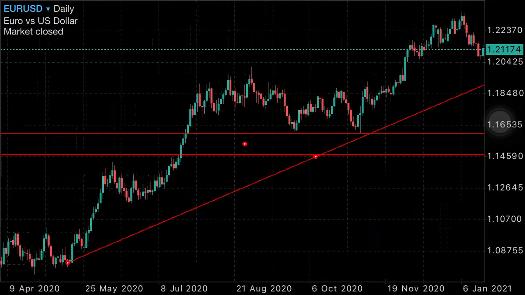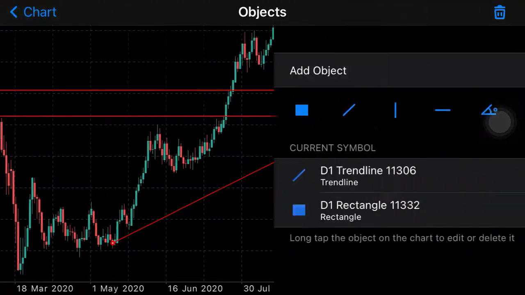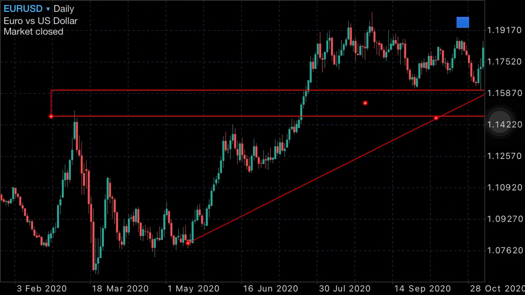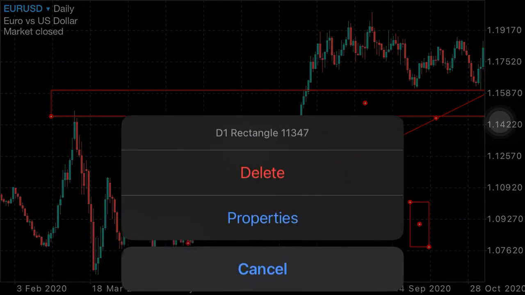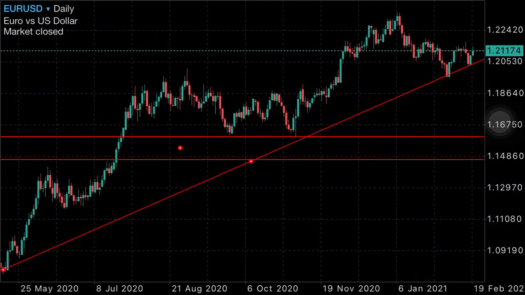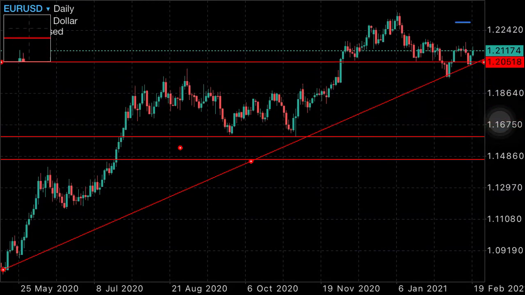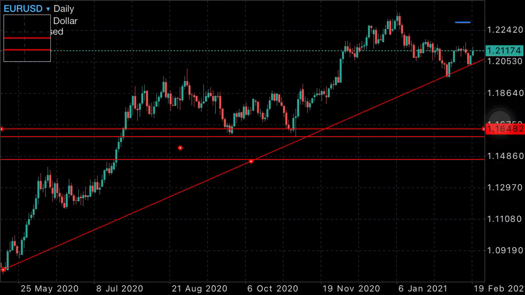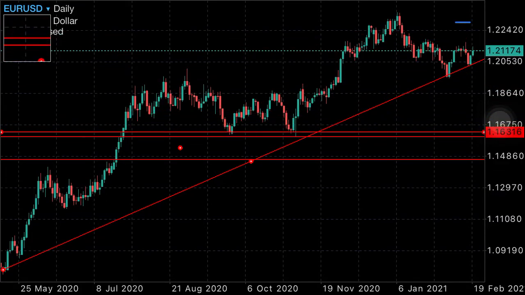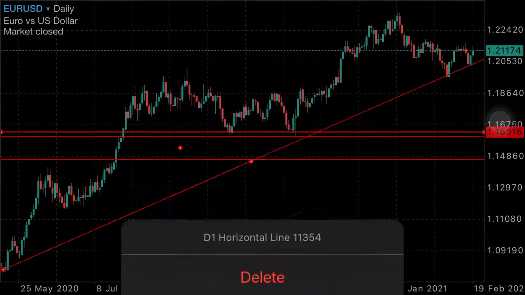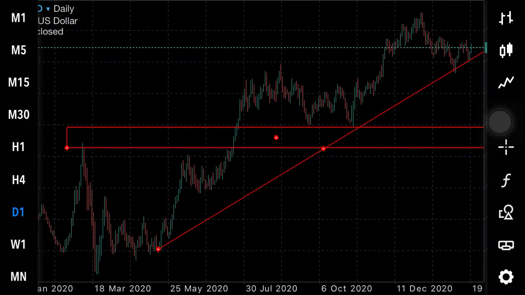This zone I drew, a support or a resistance, it's not just a line. Some people draw a horizontal support line and just put it somewhere because it's supporting. But no, it's not just a line, it's actually a zone, a region.